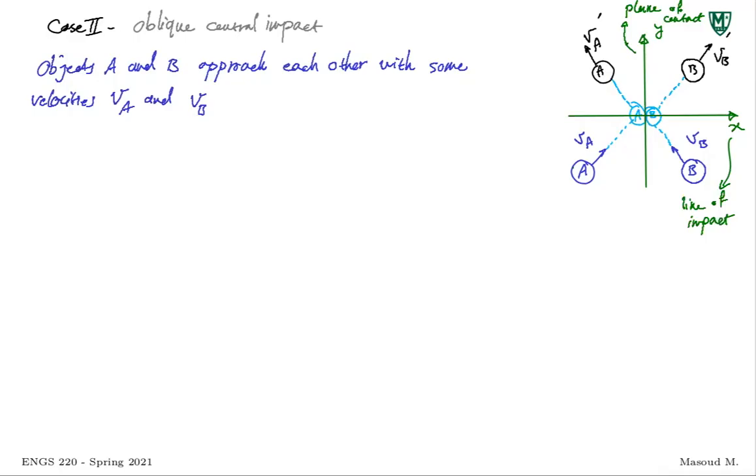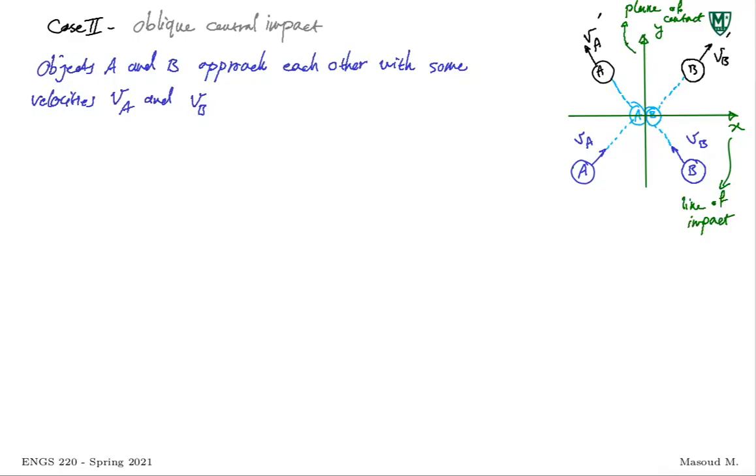Now, what happens is that along the line of impact, similar to what we had for a direct central impact, the momentum of the system is conserved, and we also have a coefficient of restitution. You can think about the X axis or line of impact as just similar to direct central impact.